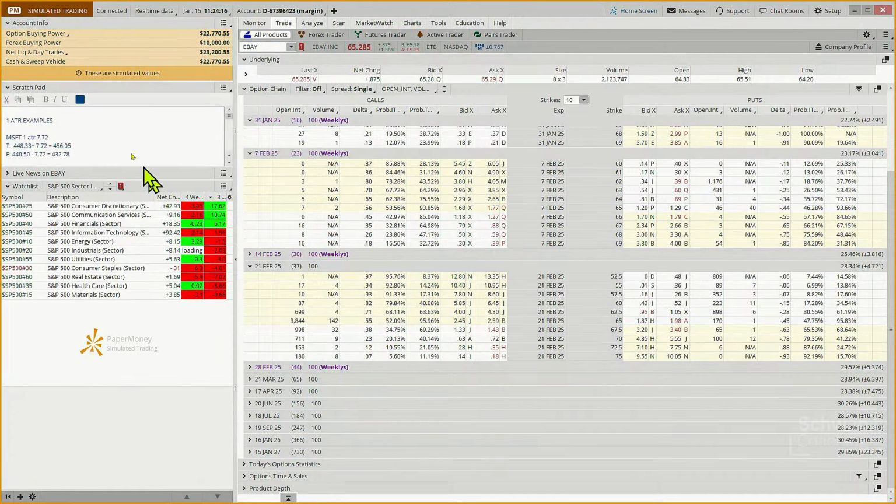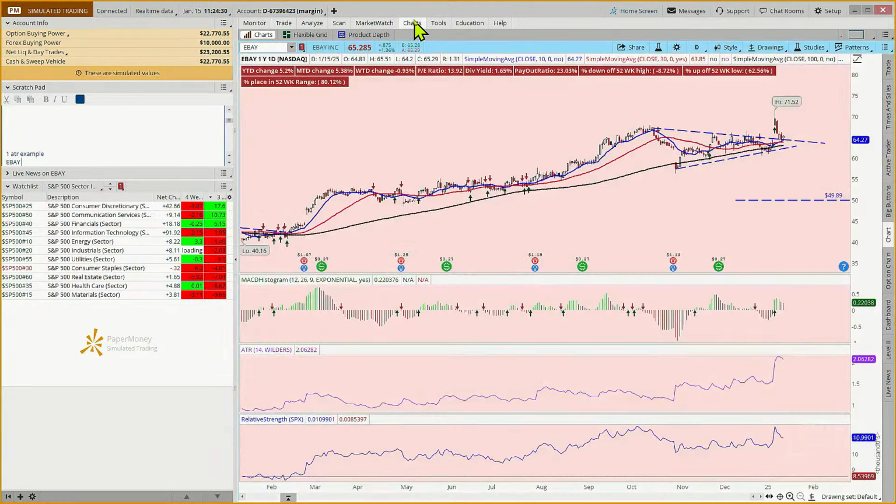to our scratch pad. And if we said, okay, so eBay, the 1 ATR on this currently is $2.06. If we come over to today. So if we say our 1 ATR is 2.06, then our target is going to be today's high.